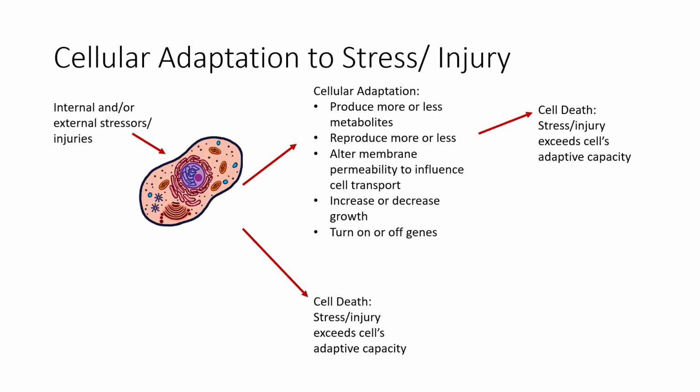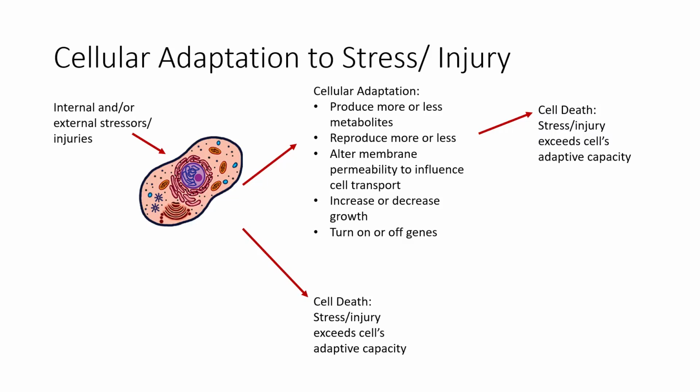So this is a picture that may look familiar to some of you. Internal or external stressors or injuries are imposed on the cell all the time. So some internal stressors could be a lack of a metabolite or some enzymes not functioning properly.